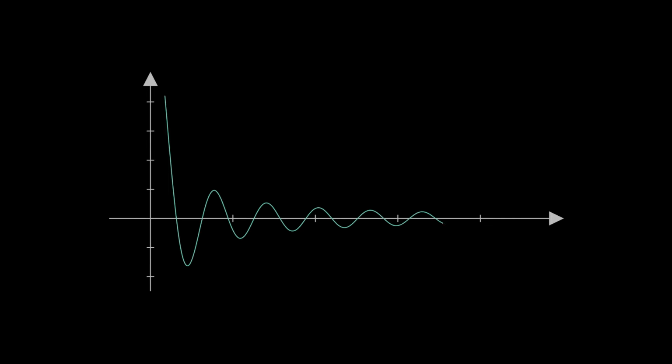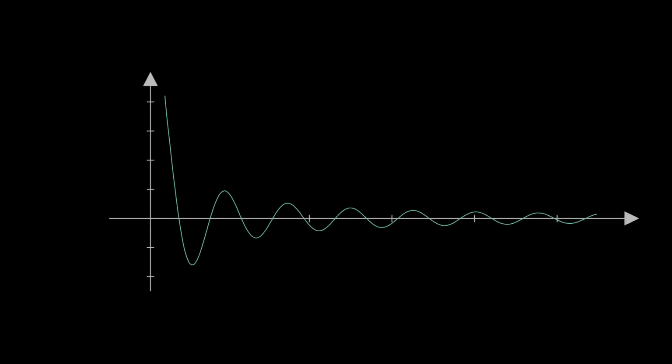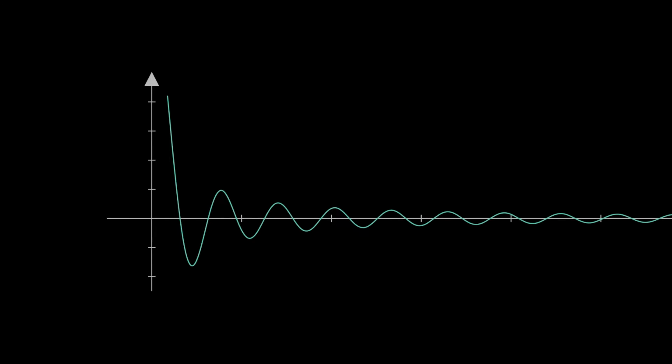Now, look at this graph. The first term of the sequence is 2.67. After that term, the points come closer to the x-axis, or the y equals 0 line. At this point, y is 0.09, and if we stretch the graph and look at the 100th term, we can see that it comes even closer to the y equals 0 line.